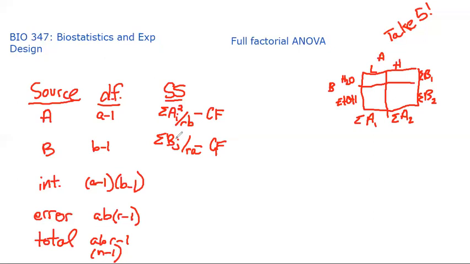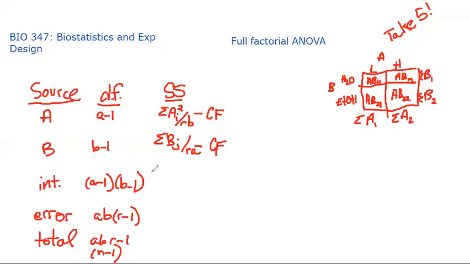The interaction terms, so we can look at this as A, B, 1, 1, A, B, 2, 2, A, B, let's see, we're in the second column, second row, first column. We're in the first row, second column. So it's 1, 2. All right.